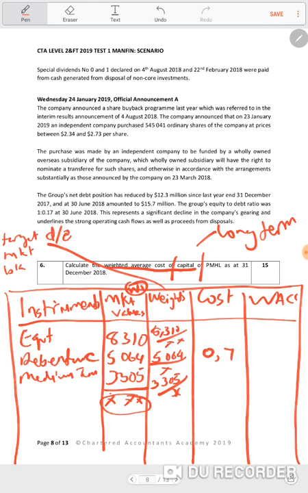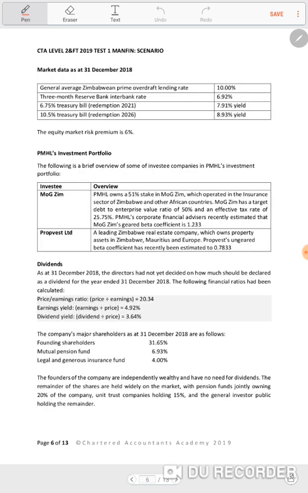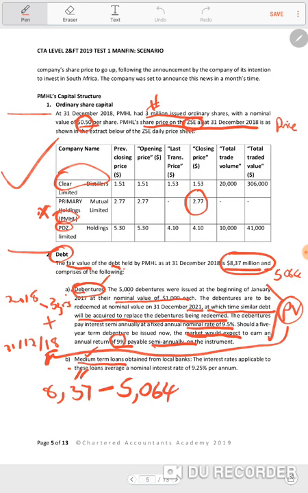And then for our medium term, let's go to our information and see our medium term loans. The interest rate applicable to these loans averages a normal interest rate of 9.25%. This is our cost. But since it's a loan, we're going to get a tax benefit from it.